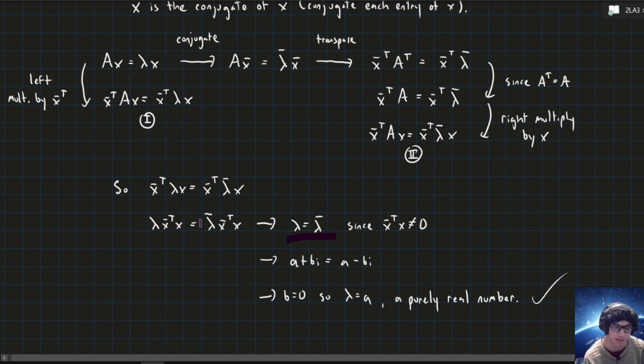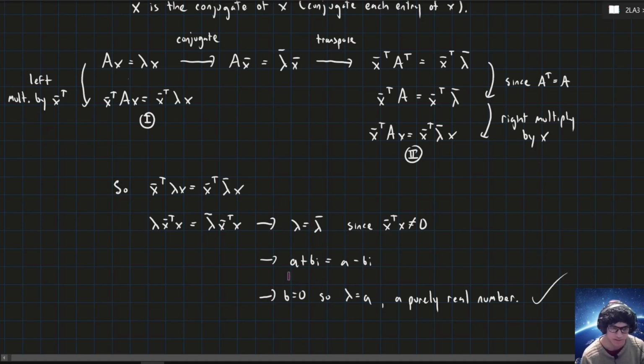So why can I do that? Well, this part here is just a dot product, a number, and I know this number is not going to be 0 because I'm assuming x is not 0, because it's an eigenvector. So lambda equals lambda bar.